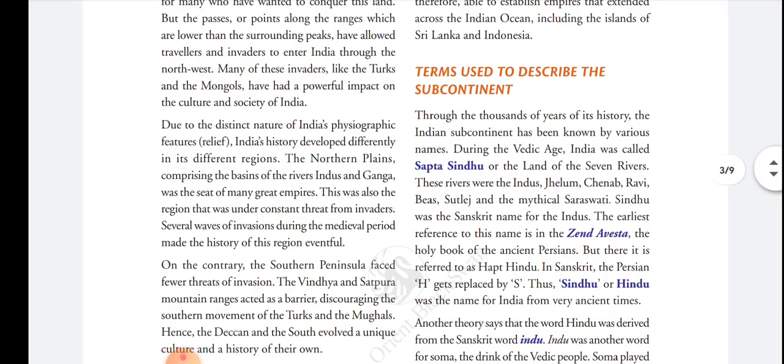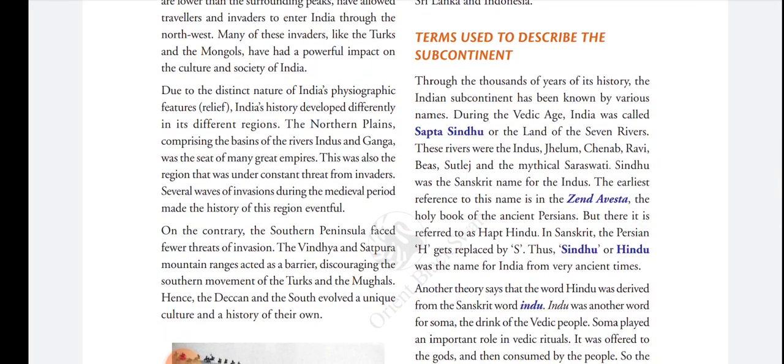Now, the terms used to describe the Indian subcontinent. India has so many names. Over thousands of years of history, the Indian subcontinent has been known by various names. During the Vedic age, India was called Saptasindhu.